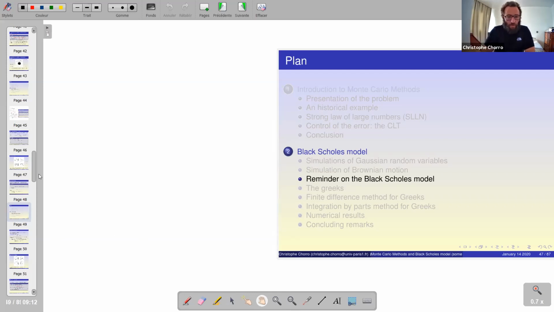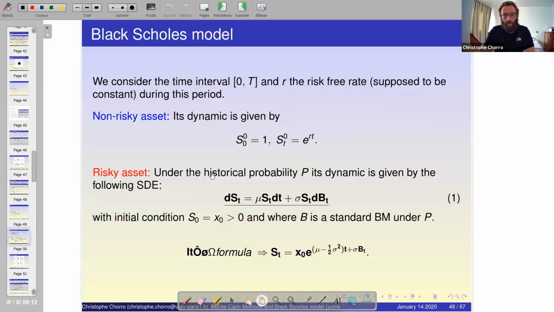So let me remind you basically what is the Black and Scholes model. The very basic framework of the Black and Scholes model in dimension 1 is the following.